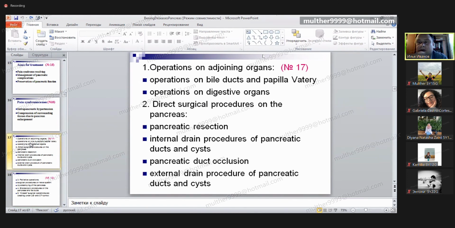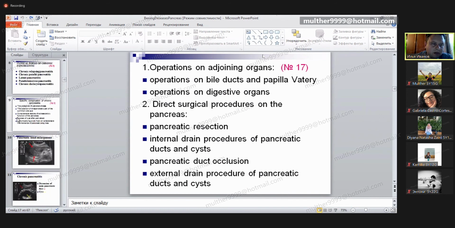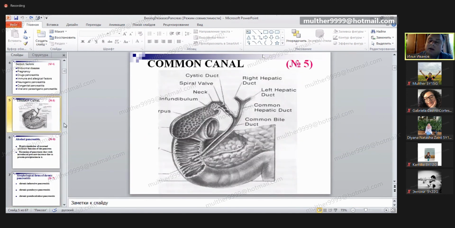And now we need to differentiate the types of the operations according to the mechanism of the treatment. The first step is the operations on the adjoining organs, operations on the biliary ducts and papilla water. And I need to repeat this picture.